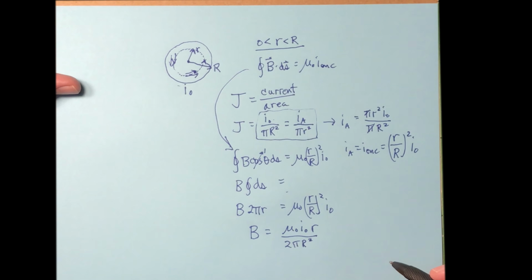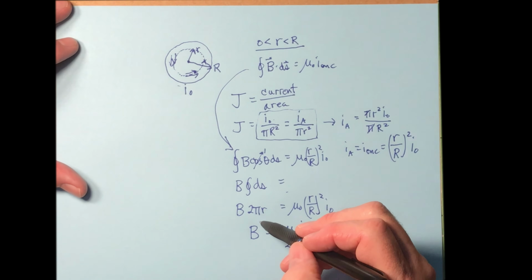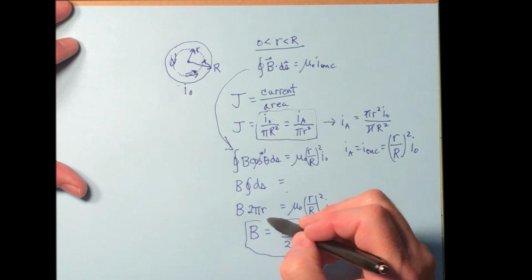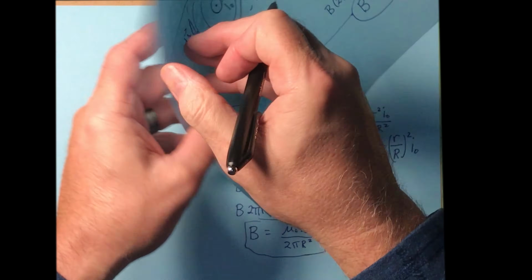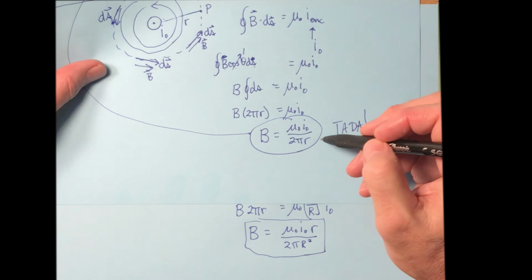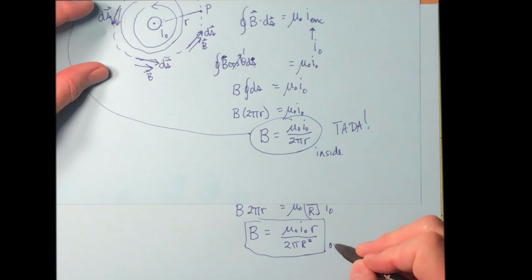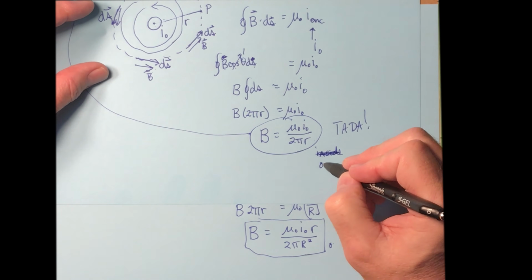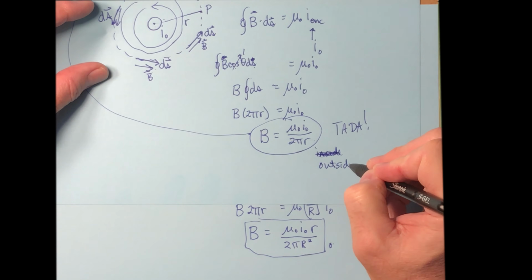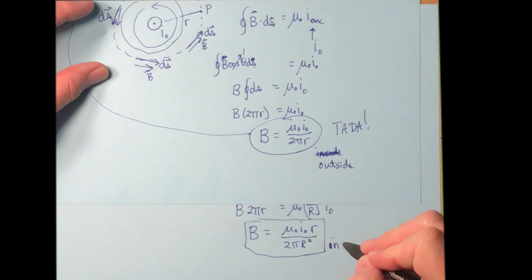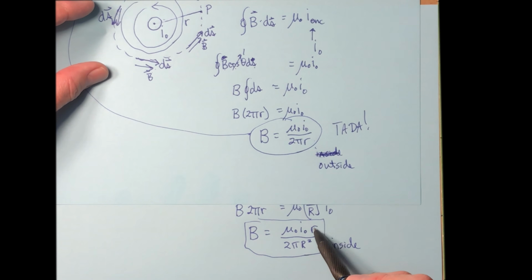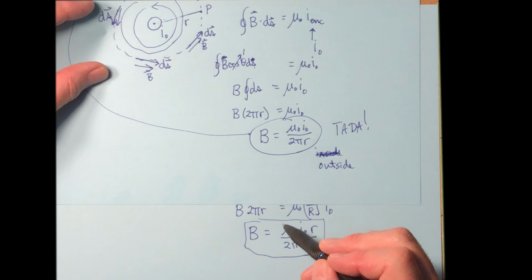There. All right, this isn't exactly the same thing as this. This was inside the wire. This is, I'm sorry, I did that backwards. This is outside the wire. This is inside the wire. So big R here is a constant. It's little r that's the variable. And you can see this is a straight linear relationship.